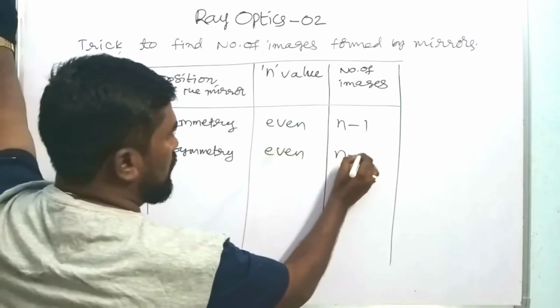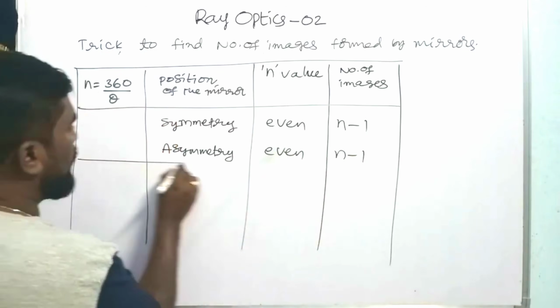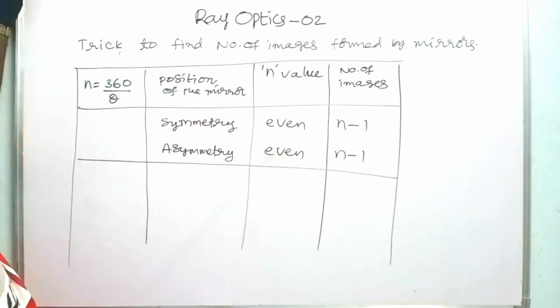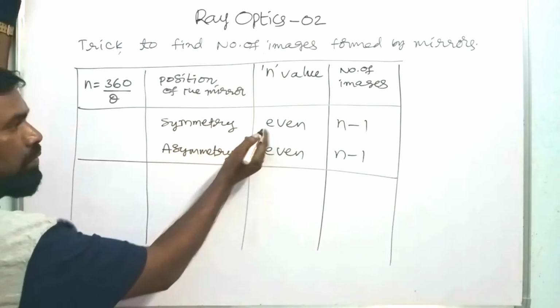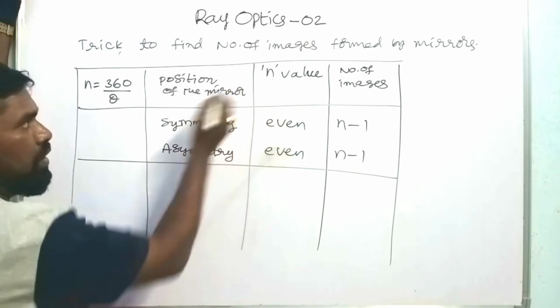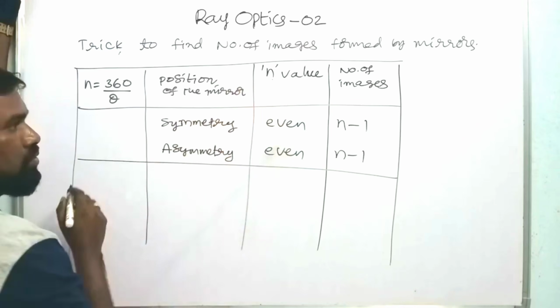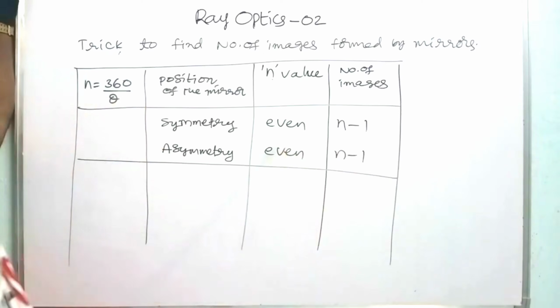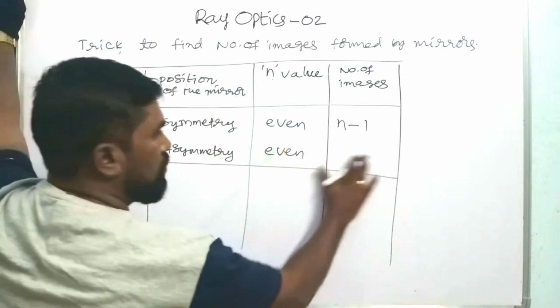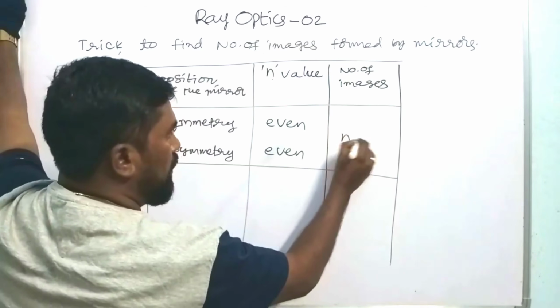The number of images is n minus 1. It means రెండు టూ మిర్రర్స్ సిమెట్రీలో ఉన్నా ఎసిమెట్రీలో ఉన్నా నీకు ఈవెన్ నెంబర్ వస్తే ఎన్ వాల్యూ ఈవెన్ నెంబర్ వస్తే టోటల్ నెంబర్ ఆఫ్ ఇమేజెస్ n minus 1 అవుతుంది, n minus 1 అవుతుంది. నో చేంజ్. ఓకే, సో దిస్ ఈస్ ద n minus 1.